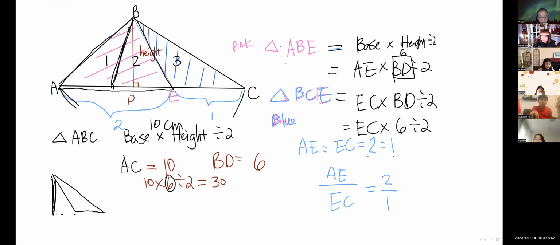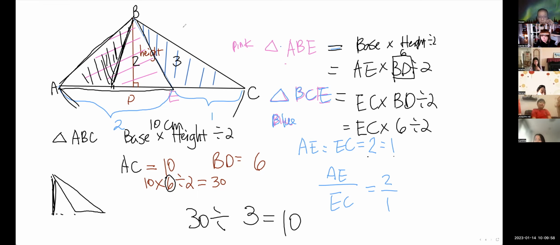So these three parts, the same or not the same? Same. Okay, so the total is 30. Can I use 30 divided by what? 3. Very good. So equals what? 10. Very good. So which one is 10? The blue one. Very good. Who said it? Very good, Emma. Good job. So the blue one is 10. So what is the pink one? 20. Very good. Good job. 20 and 10.